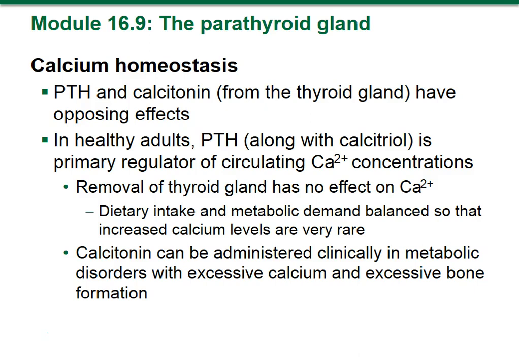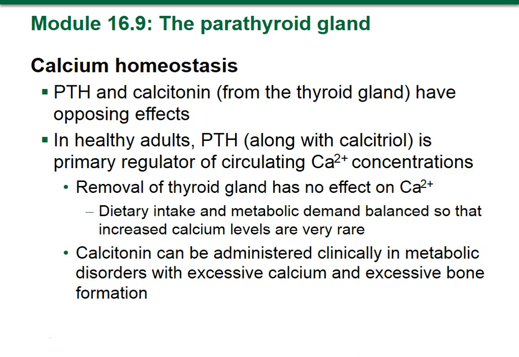Okay, so as I said, PTH and calcitonin have opposing effects. For a healthy adult, the PTH along with another chemical, calcitriol, are the main regulators for the circulating calcium. And oddly enough, removing the thyroid gland has no major effect on calcium.